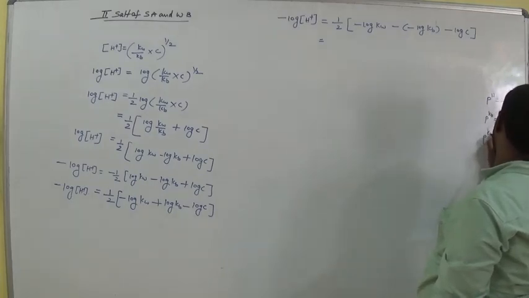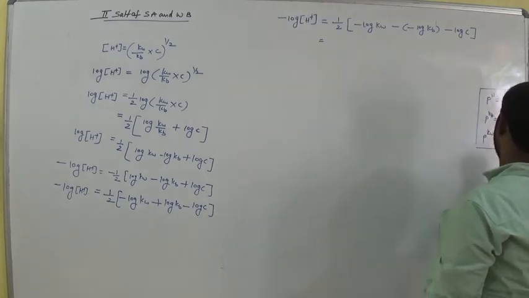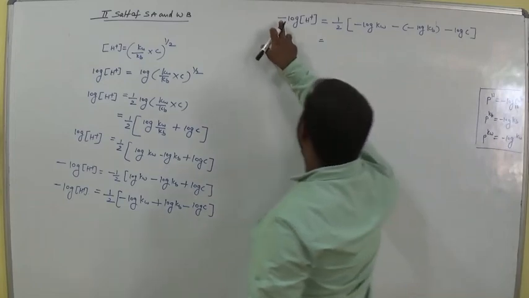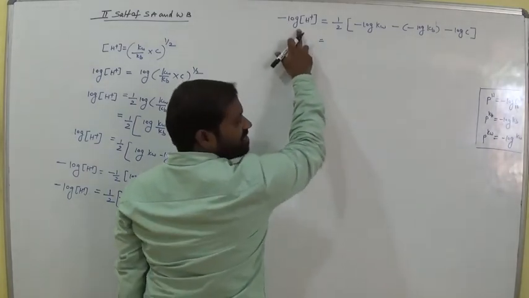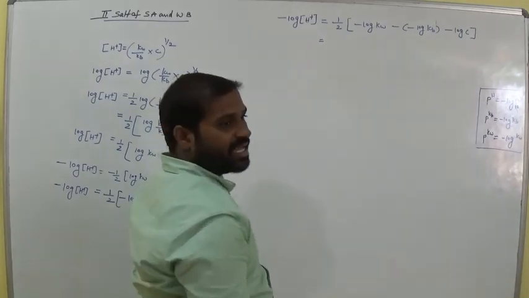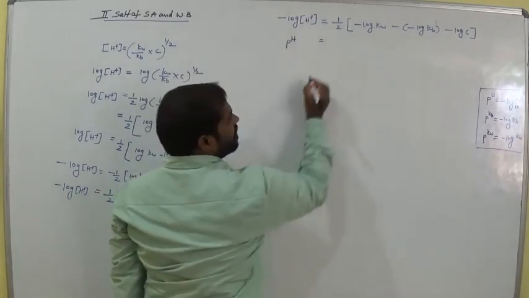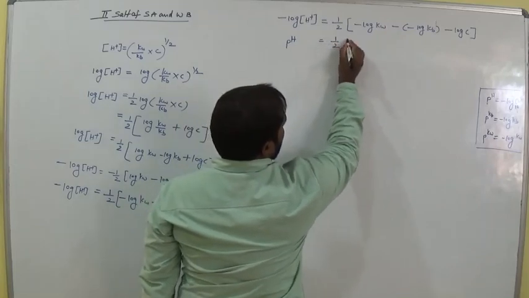And pKw is equal to minus log Kw. We already discussed these formulas. Now it is minus log H plus to the base 10. Now can I write it as pH? Minus log H plus to the base 10 is pH.